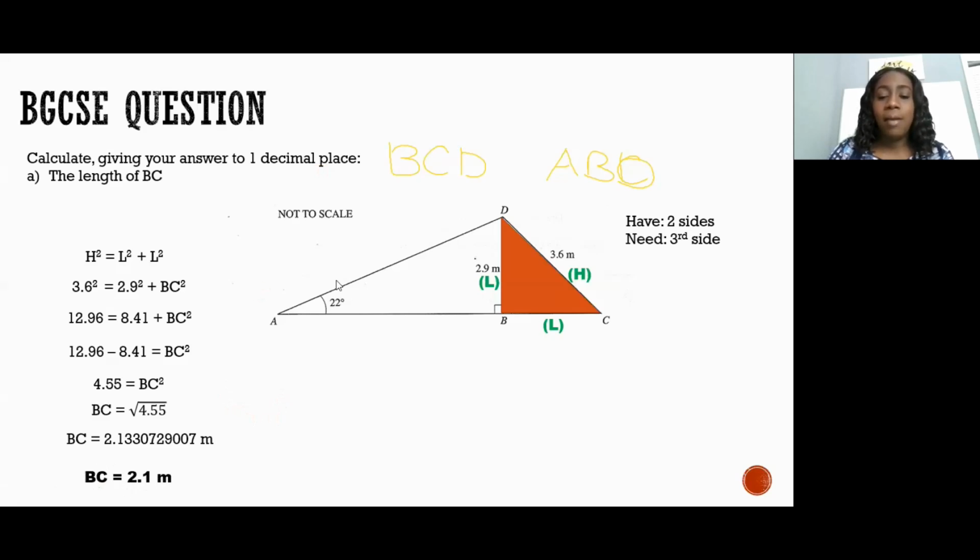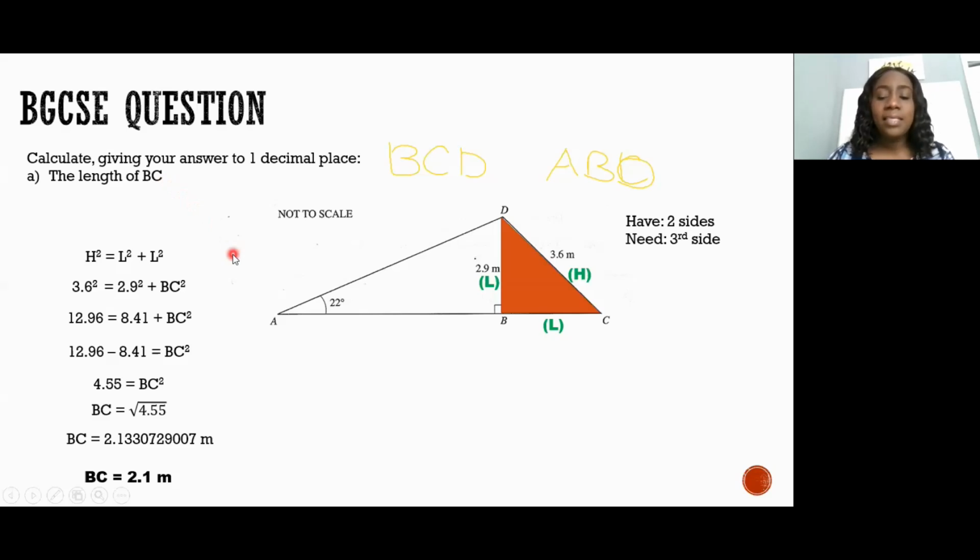All right? Let's recap. I got a diagram, a double diagram. I had to pick which triangle I needed to use. Once I was able to do that, I analyzed the situation. What am I finding? Am I finding an angle or am I finding a side? I recognized that they gave me two letters, B, C, which represents the distance from B to C. So that's a side.